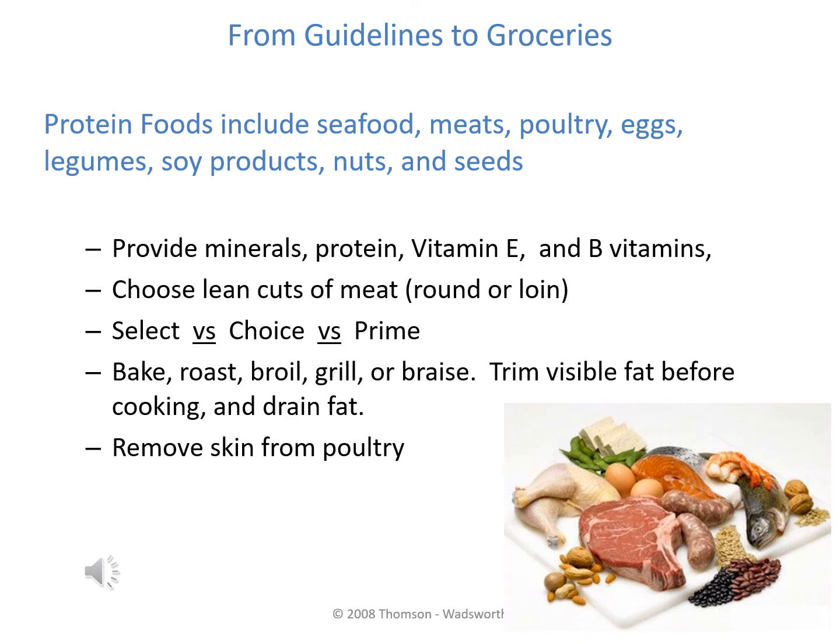Other terms of which to be aware: select versus choice versus prime. A select cut is going to be the leanest, whereas a prime cut is going to be the fattiest. A choice cut is kind of somewhere in the middle with more likely a moderate amount of fat.